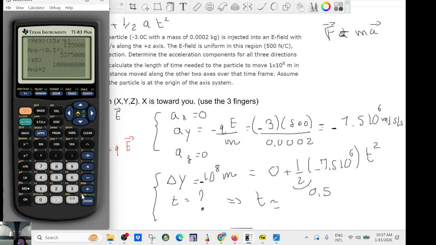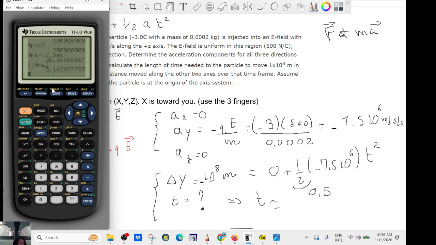So it's just 16. Okay, and you divide by, open the parenthesis, 7.5 times 10 to the 6. Okay, and then you take the square root. Square root, call back the answer here. So second minus.